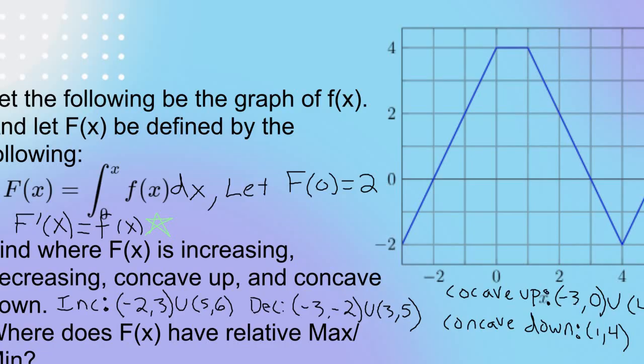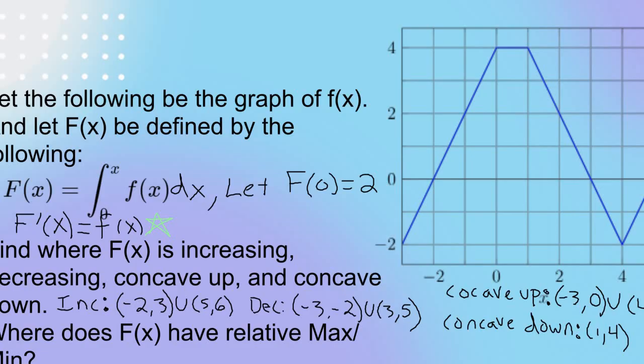So then we also have to think about this last part. Where does big F of x have relative mins and maxes? So remember, what are my options for relative mins and maxes? Extrema, or critical points. Can we find our critical points by where the slope equals 0? Or, in other words, instead of slope, we would use the derivative.